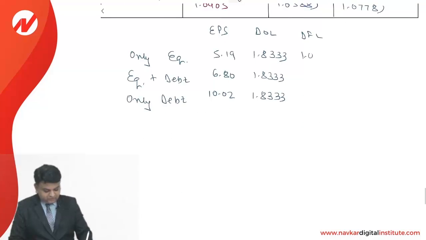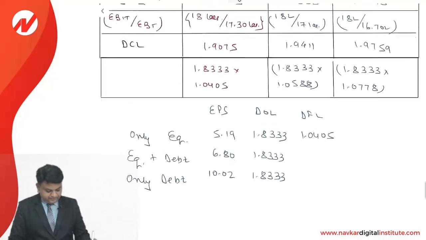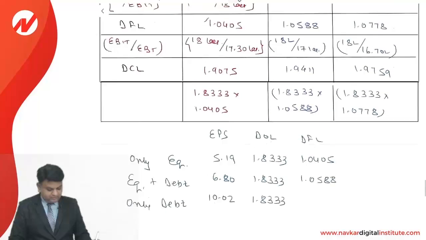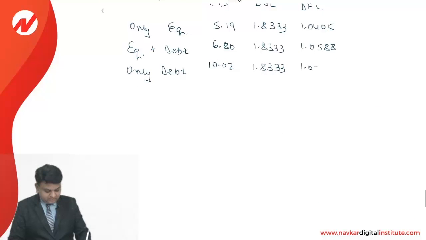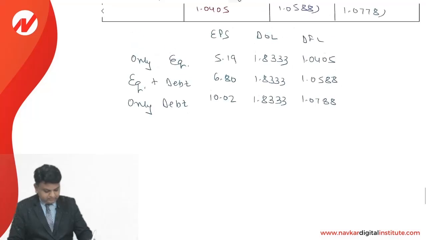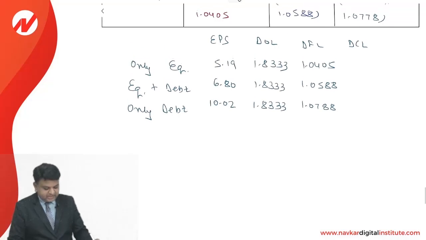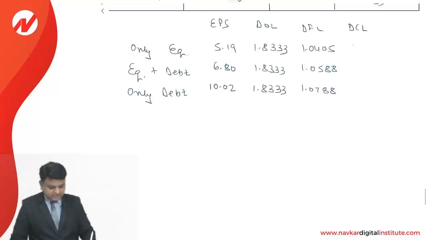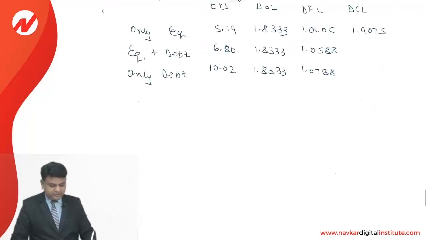So 1.0405, then 1.0588, then 1.0788. As far as DCL is concerned, it is in the first case 1.9075. Of course, it is going to be the lowest once again. Then 1.9411. It is comparatively more.